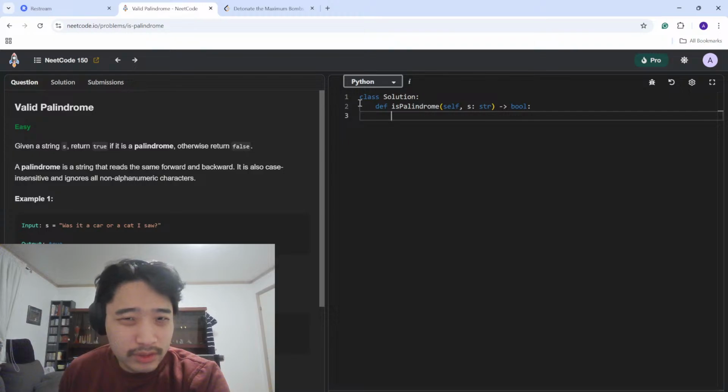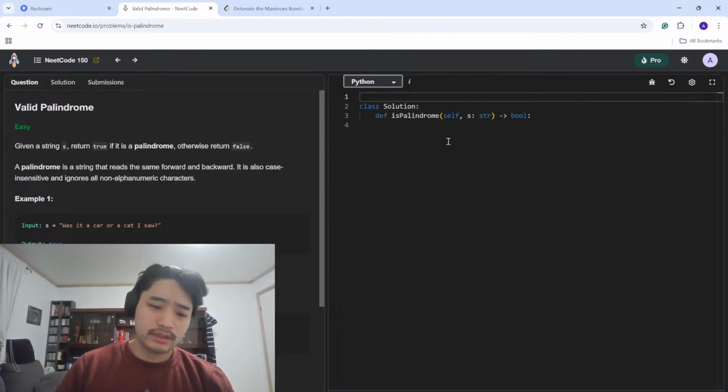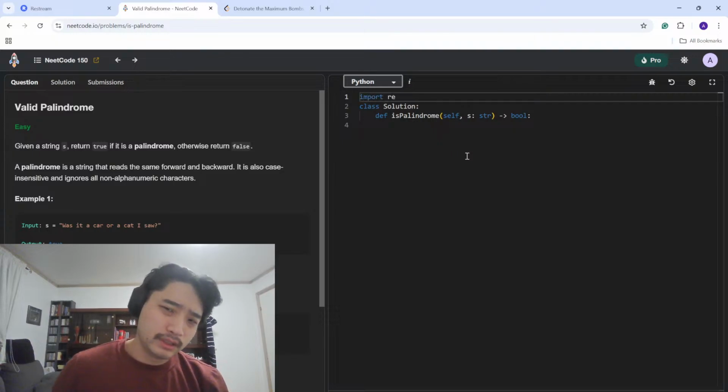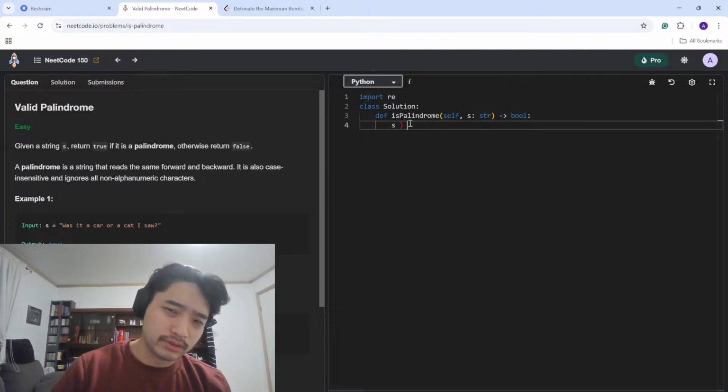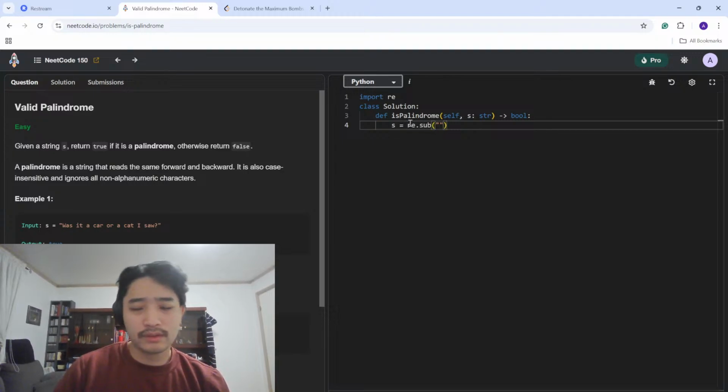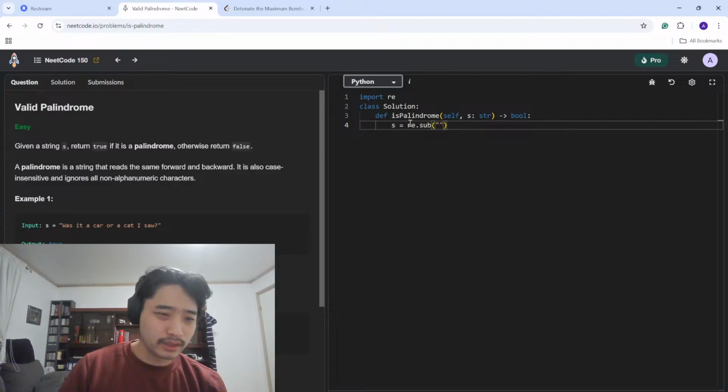Because they used re.sub. I think it's import re and s equals re.sub, and then all the characters. I don't remember all of them.